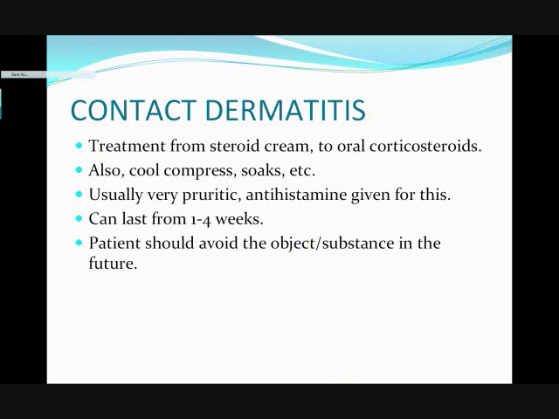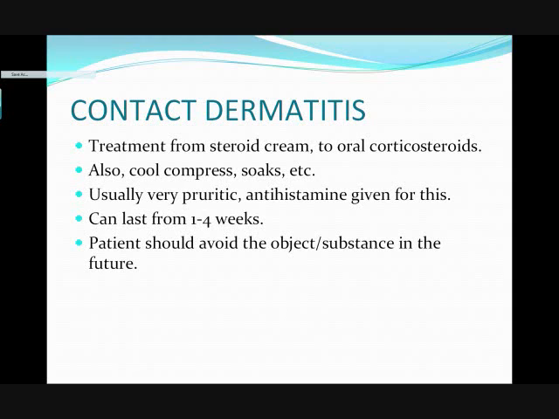So contact dermatitis treatment is usually steroid cream, something like hydrocortisone 2%, or if it gets really bad, oral corticosteroids like prednisone. Symptom relief, cool compresses, soaks. The rash is usually pruritic, meaning raised red papules.